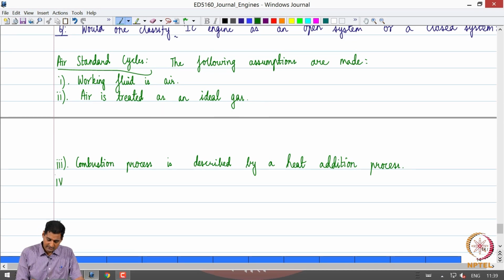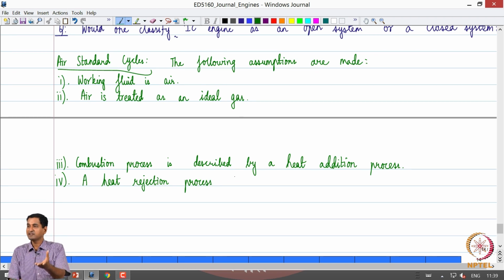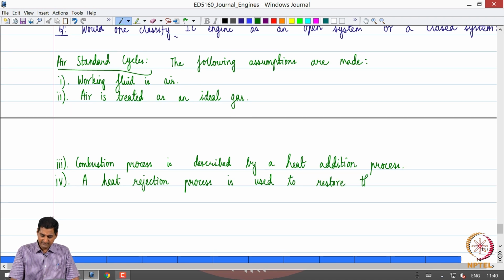And the exhaust process through which the system is brought back to its initial state is going to be approximated by means of a heat rejection process. So, there is a heat addition process to mimic combustion, and there is a heat rejection process through which the system is brought back to its original state to complete the cycle.